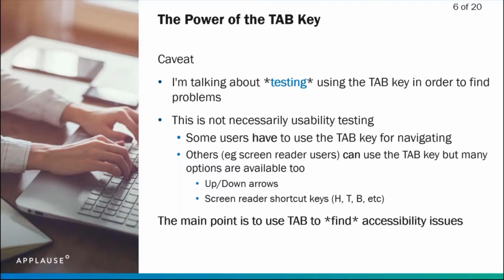Well, really the accessibility tree, not the DOM, but it's simple if you think of navigating through the DOM with the up and down arrow keys. There are other screen reader shortcut keys, such as H to go to the heading and B to go to a button and things like that. So there are a lot of different ways to navigate a page, but I'm just going to talk about the tab key. The main point was to use the tab key to find accessibility issues and not to simulate a user experience. So I just wanted to start off with that caveat first.